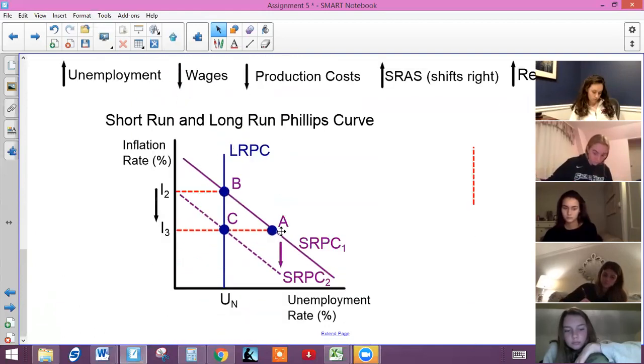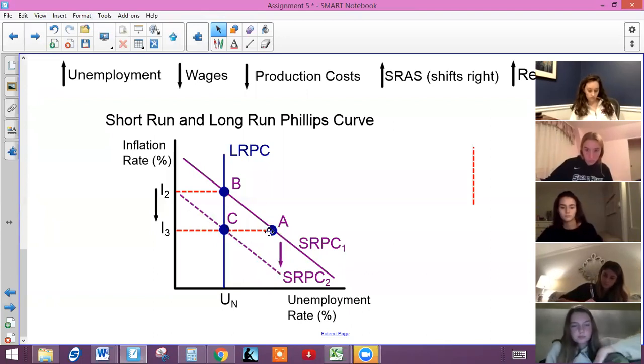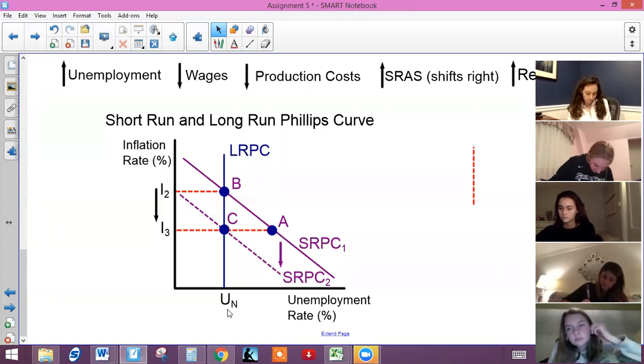So at every price level, the rate of unemployment is lower. So you actually get a shift to the left in the Phillips curve. If we didn't do the tax cut at all, we just go straight from here to here, and you would get back to your natural level of unemployment.